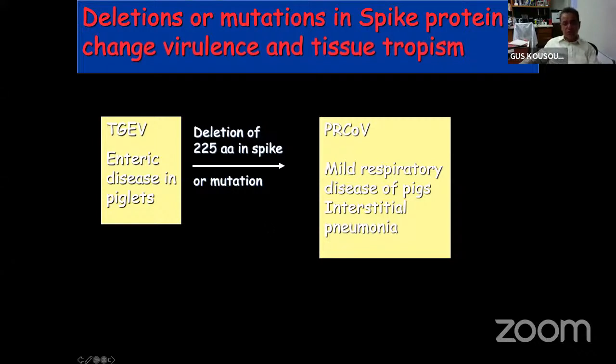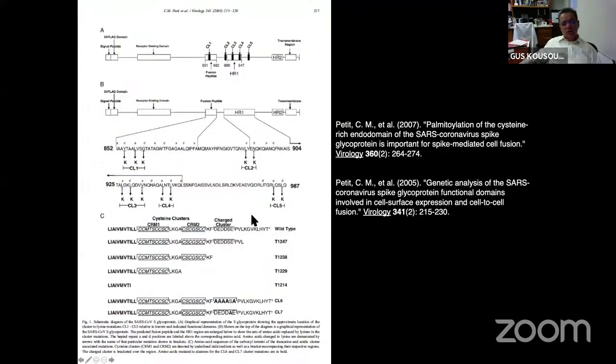I also want to highlight two papers that we published back in 2005 and 2007 for SARS-CoV-1 with Chad Petit, who is now an associate professor at the University of Alabama at Birmingham. The only thing I wanted to tell you is that we found not only mutations, as you'd expect, in the extracellular portion of spike, but also mutations of the carboxy terminus of the spike glycoprotein would affect the fusogenic ability, binding, and functions of the receptor.